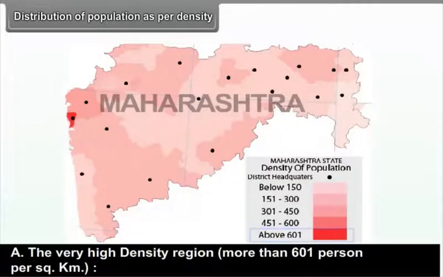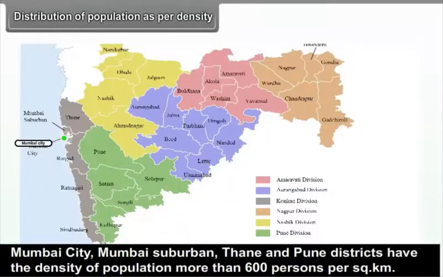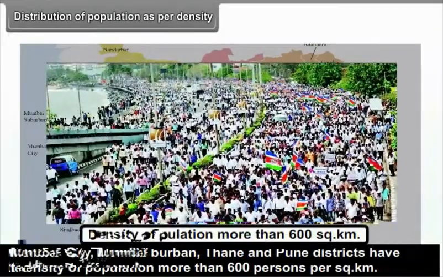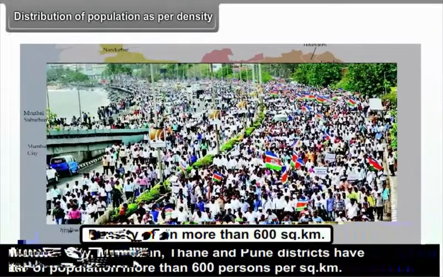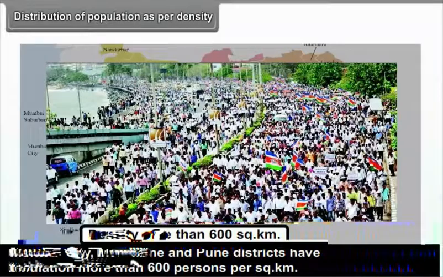A. The very high density region, more than 601 persons per square kilometer. Mumbai city, Mumbai suburban, Thane and Pune districts have a density of population more than 600 persons per square kilometer.